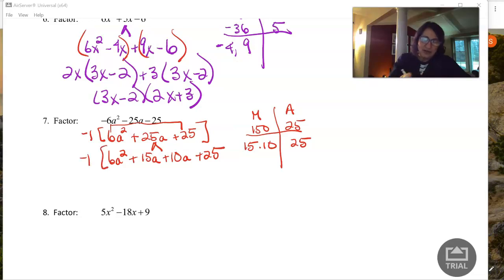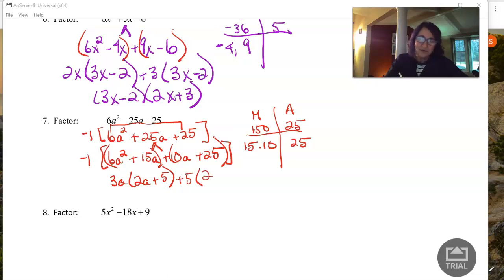I want to still bring down that -1. Group inside of the square brackets. So now I can take out of that first binomial, how about if we take out a 3a? So then we're left with 2a plus 5. Out of that second binomial, let's take out a 5.